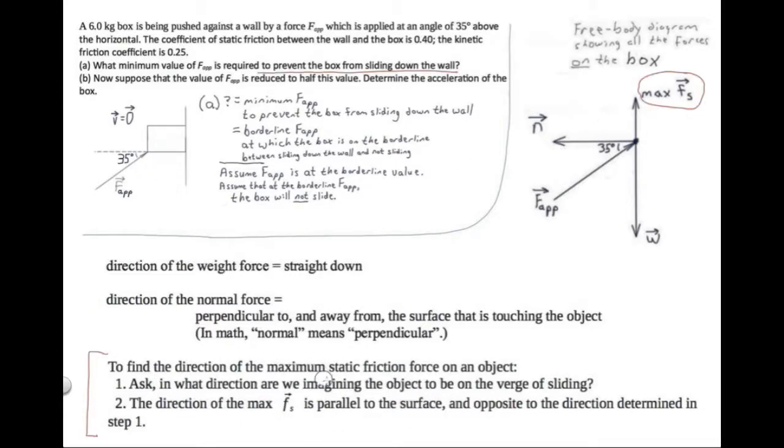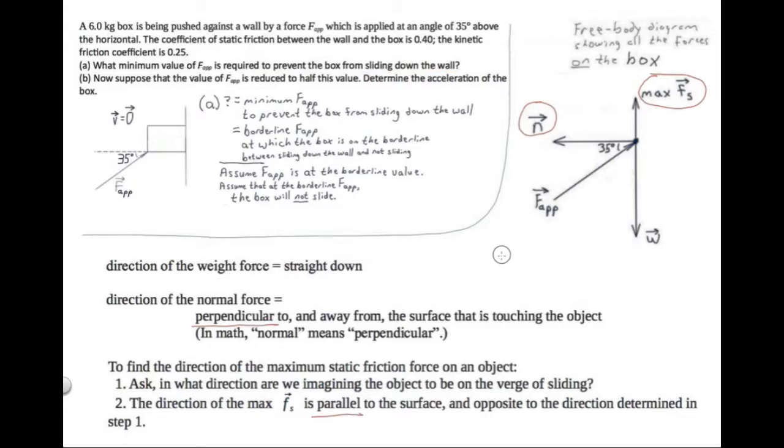We use this approach to find the direction of the maximum static friction force. In part A, the box is on the borderline of sliding down the wall. Therefore, to prevent the box from beginning to slide down the wall, the maximum static friction force points parallel to and up the wall. That is to say, the maximum static friction force for this problem points straight up.